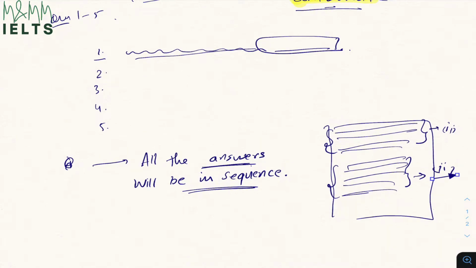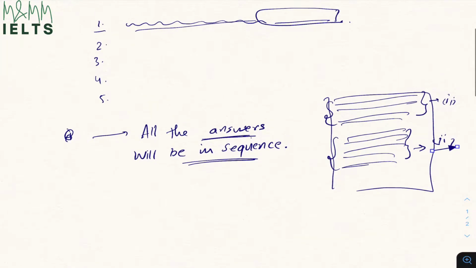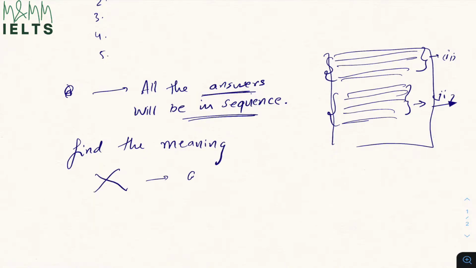The way to attempt this particular topic would be, yes, you need to have an understanding of synonyms and paraphrasing, the way they would have structured the sentences and all that. The way to understand this topic is that we always have to try to find the meaning and not try to find the exact words.